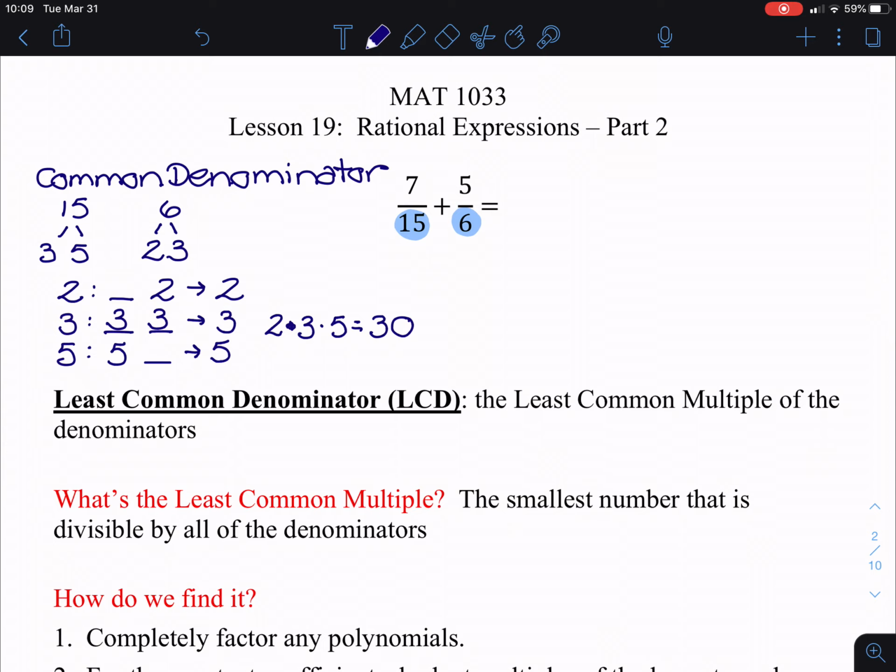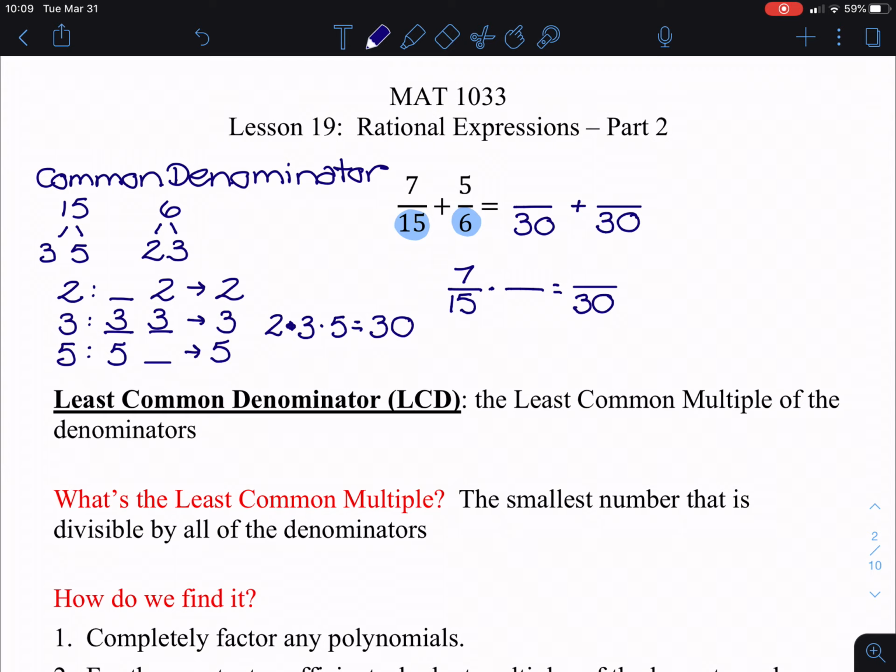Now I have to express my fractions in terms of the denominator 30. I have to figure out what goes in the numerator so that 7/15 is the same as some number over 30. I'm going to write down 7/15 and multiply it by some fancy way of writing 1 in order to get a denominator of 30.